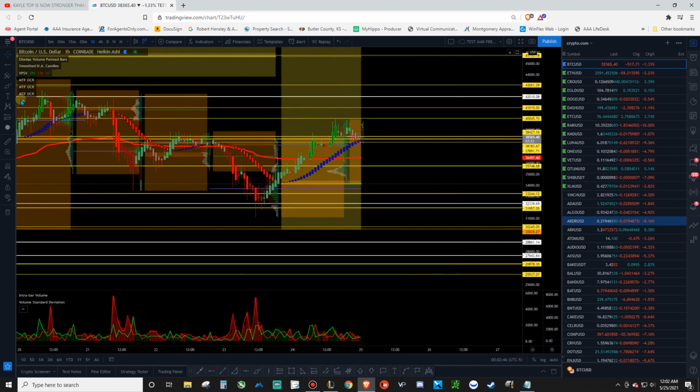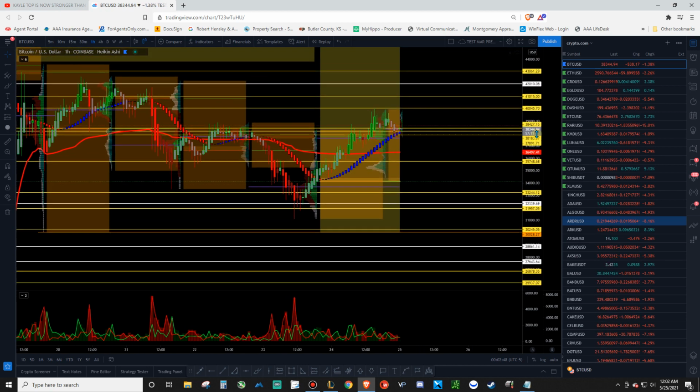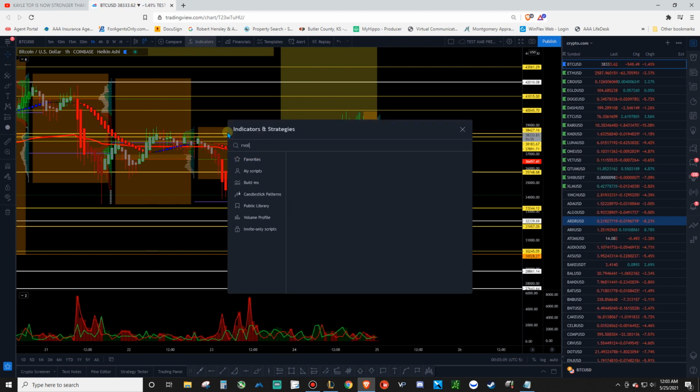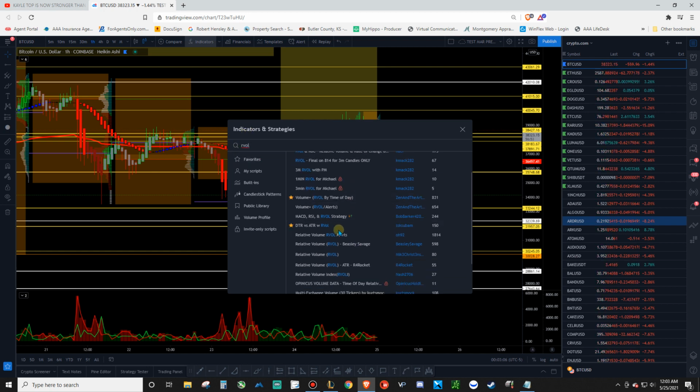It looks kind of muddied here with all these levels in here, but now we're seeing on an hourly basis pretty low volume, relative to yesterday. And we could even come in here. I like this right here, this DTR versus ATR.